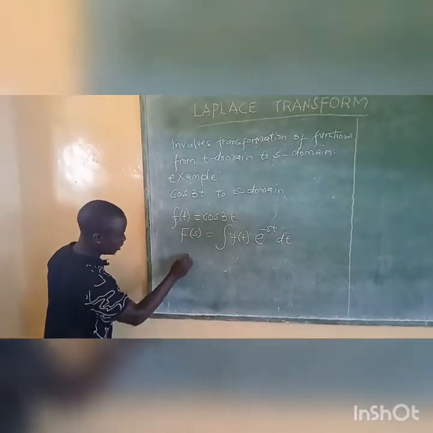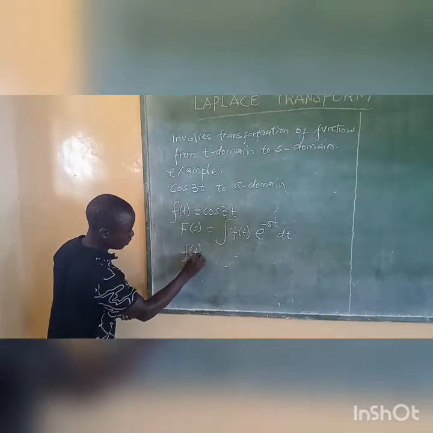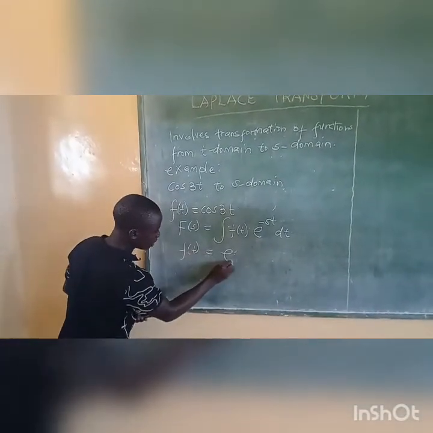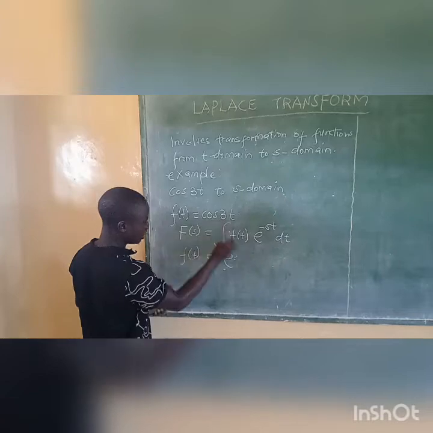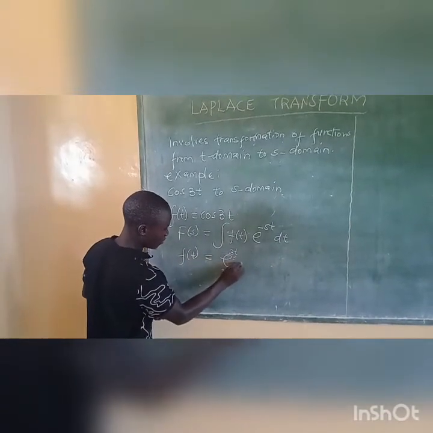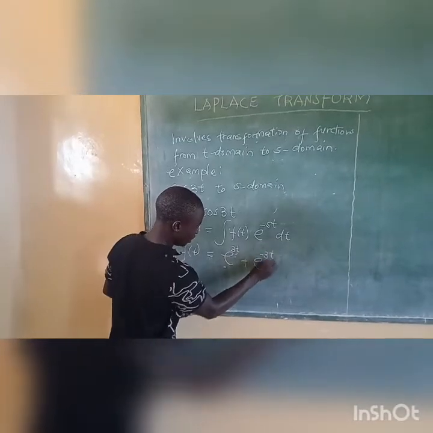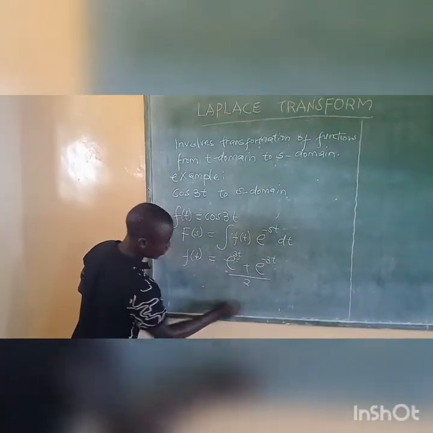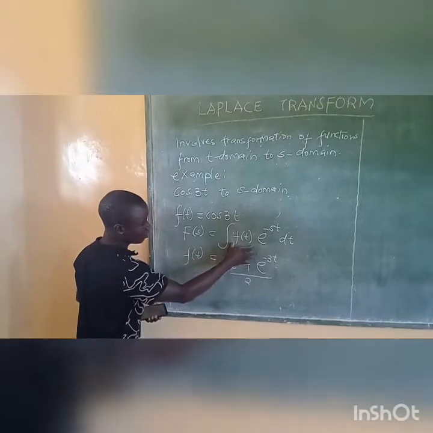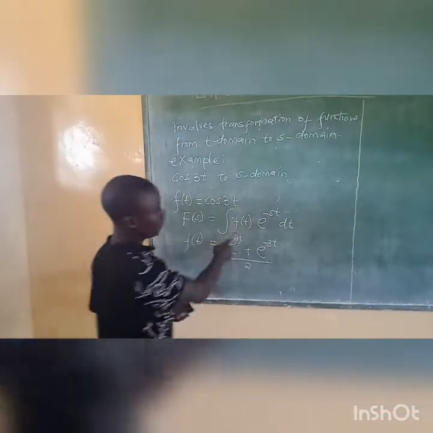So our f of t will be exponential 3t plus exponential negative 3t over 2. So this one here we will substitute for f of t.